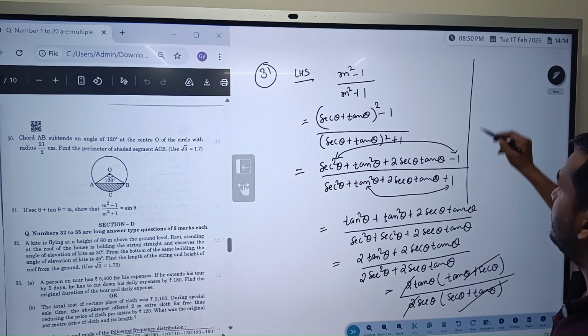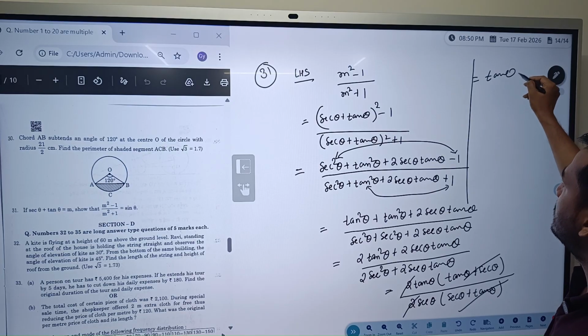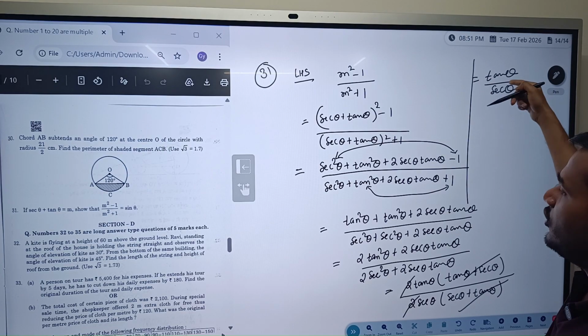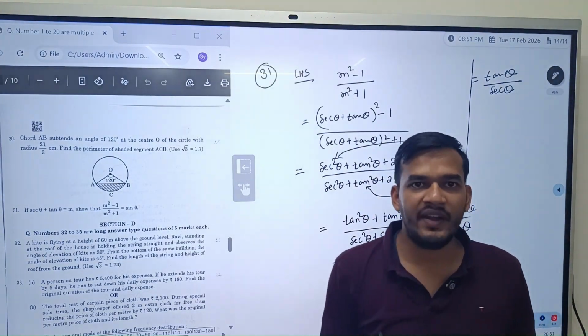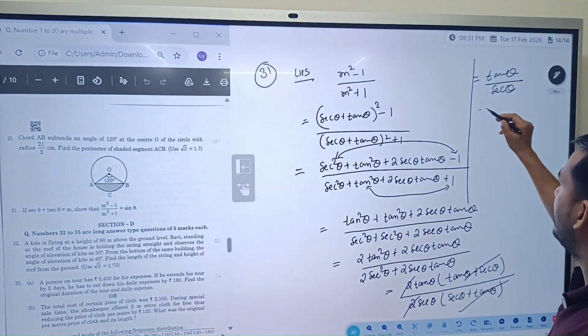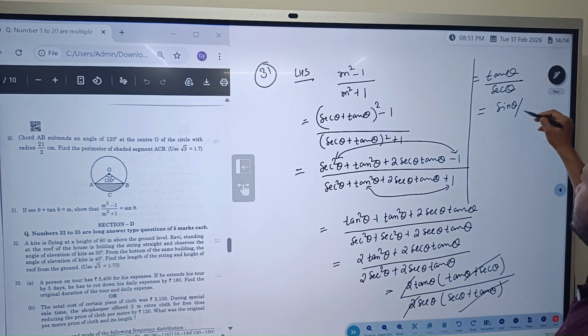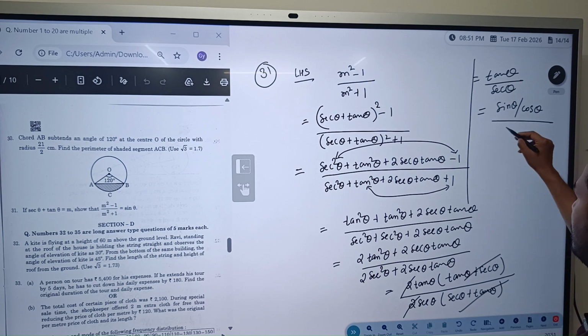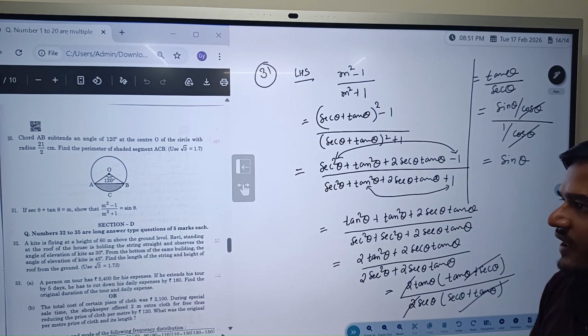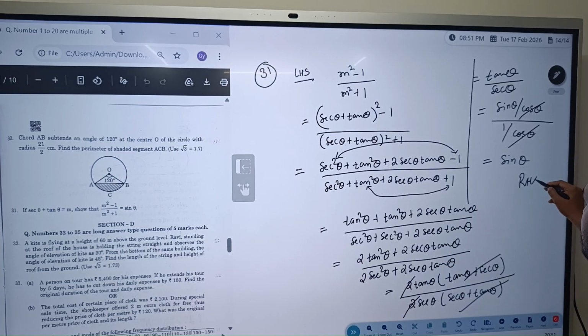So this is left with tan theta upon sec theta. Now tan theta and sec theta I am converting into sine cosine form. Tan theta is sine theta upon cos theta, and sec theta is 1 upon cos theta. So cos theta cancelled. So this will be equal to sine theta, and that is our RHS.